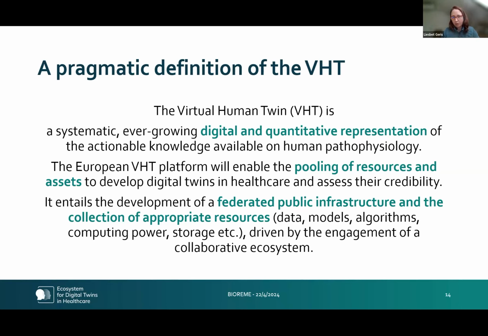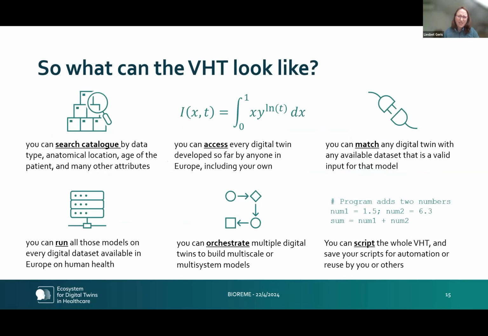And all of this, of course, requires the engagement of a collaborative ecosystem. So what does that mean in practice? That means that it should be an interface where you can go from your own computer, you can search the catalog by data type, anatomical location, age, whatever attribute you are interested in, and find data resources.